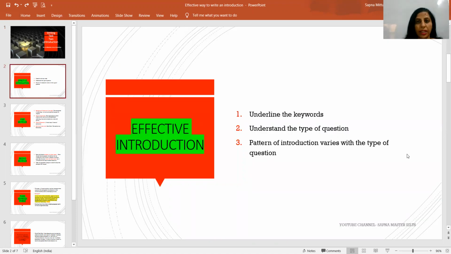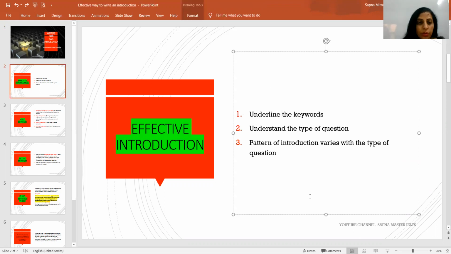Whenever you get a statement, a question, an essay, the first thing that you need to do is underline the keywords. Why? Because I want to know what the keywords are, what the question is about, and what the examiner wants to ask.